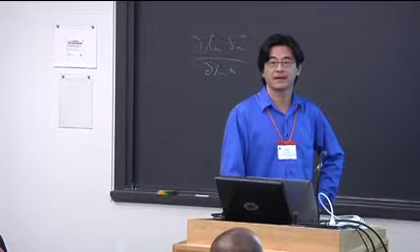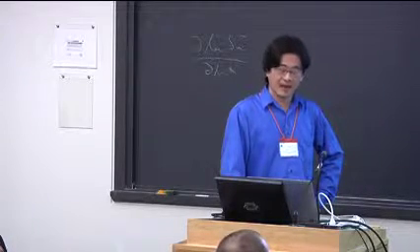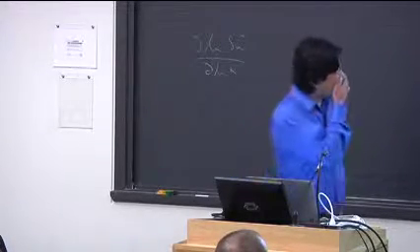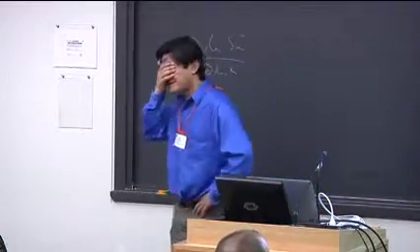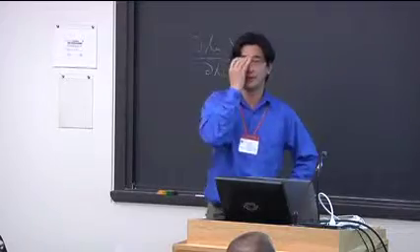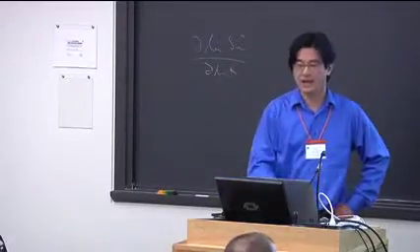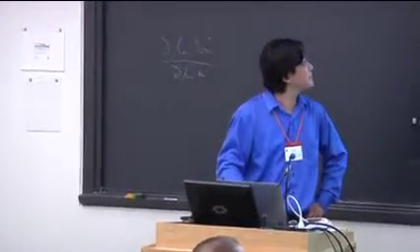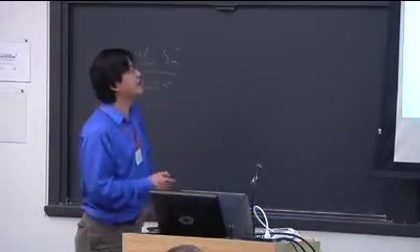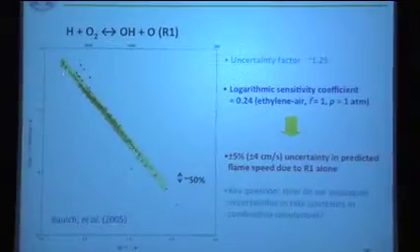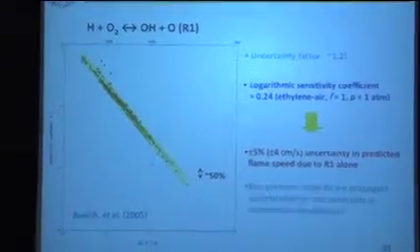Yes? Isn't there any sort of distribution of the rate parameters within the parameter space? You're assuming there's an equally uniform distribution. Right now, we have two model assumptions for the uncertainty. One is a square distribution. In other words, if you go back to this, we assume that my uncertainty is defined by this band, but inside of this band, every point is equally probable.